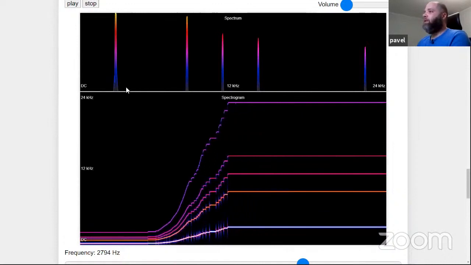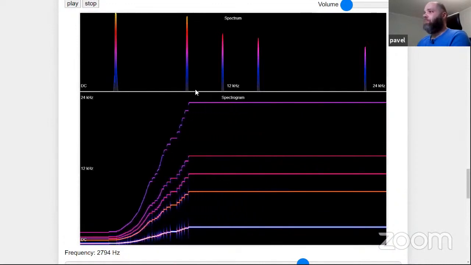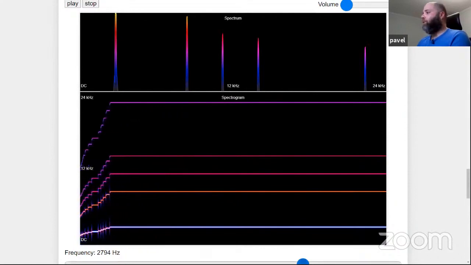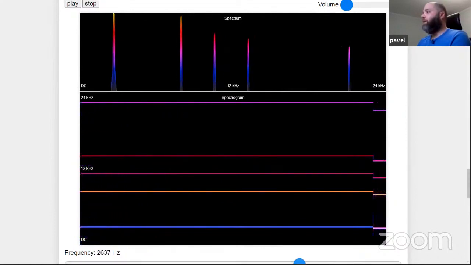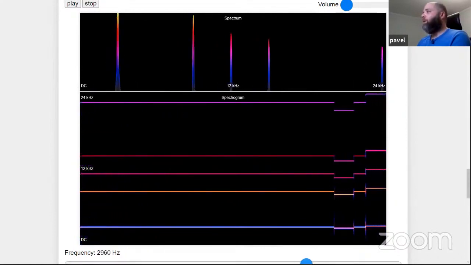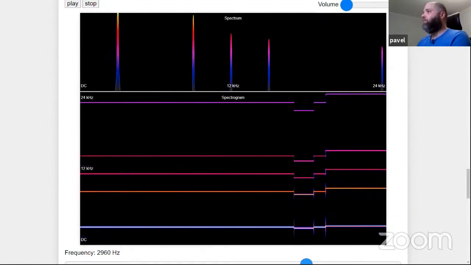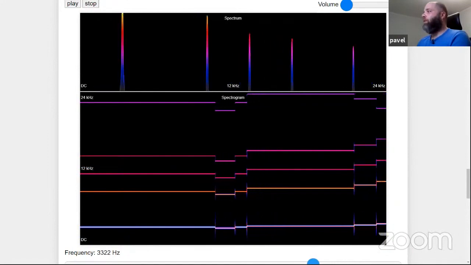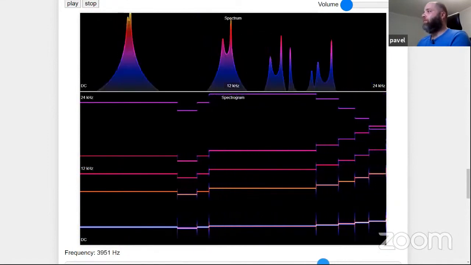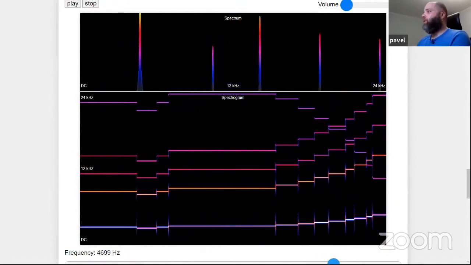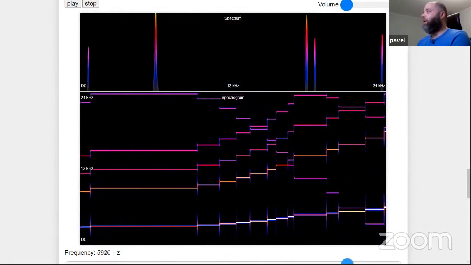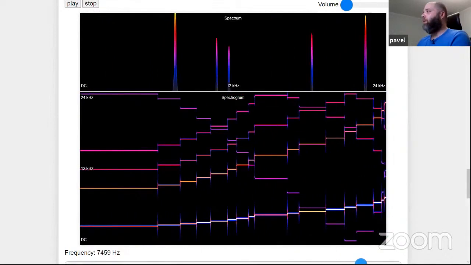So this is a linear scale, not the logarithmic one that you might be used to. And we can see that after the highest harmonic bumps into the Nyquist frequency, it starts to go back. The same happens with the other harmonics. They bump into the Nyquist frequency and start to go back.